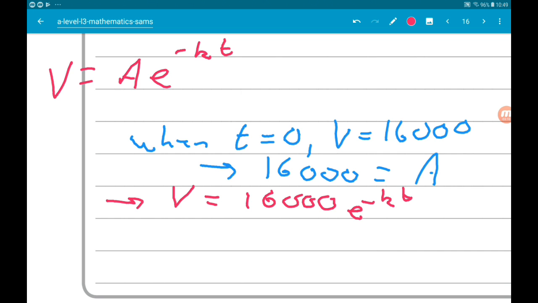So now we can find the value of k using t equals 4. So we know when t is 4, V is 9,000.